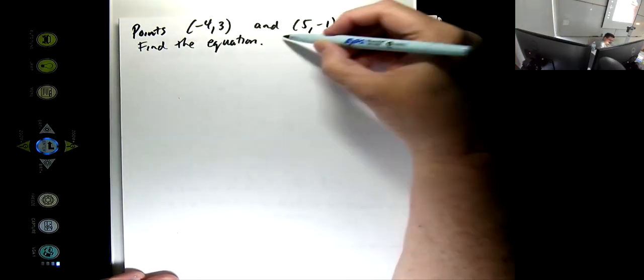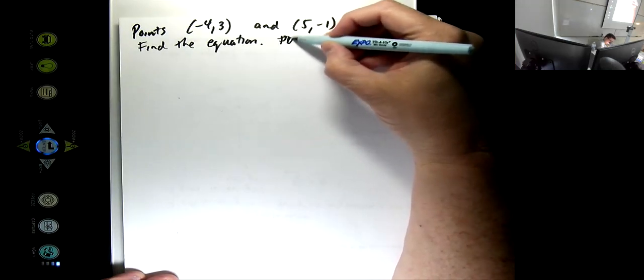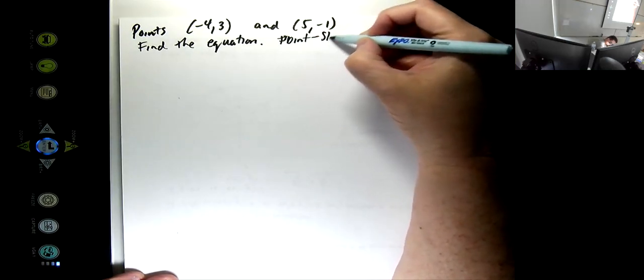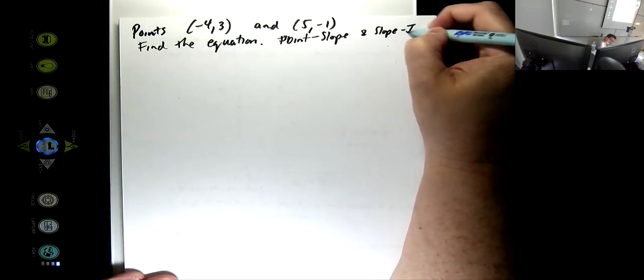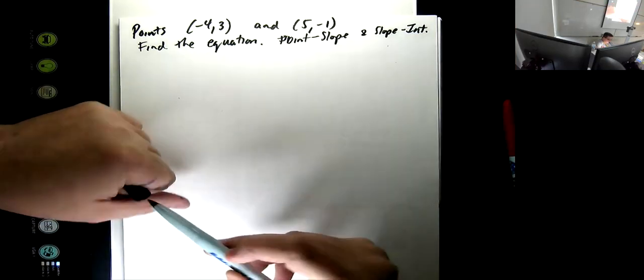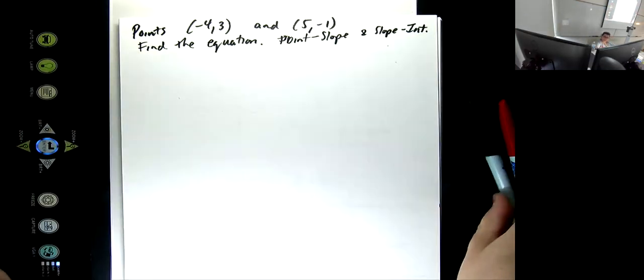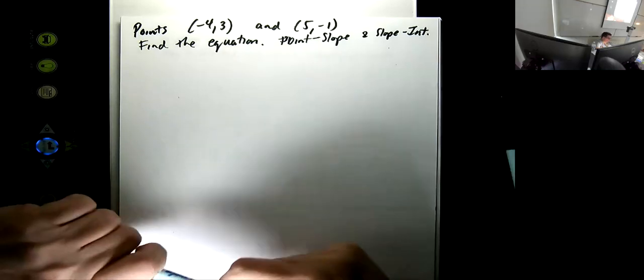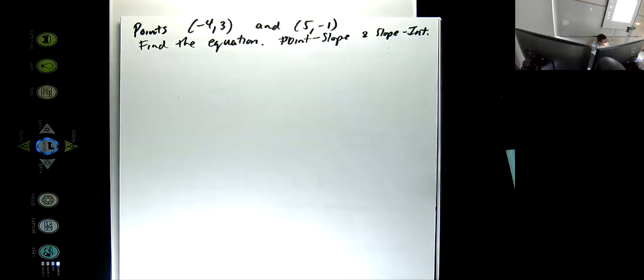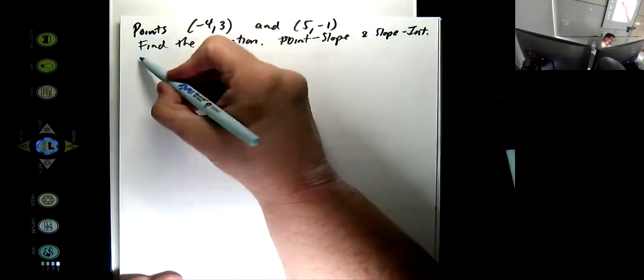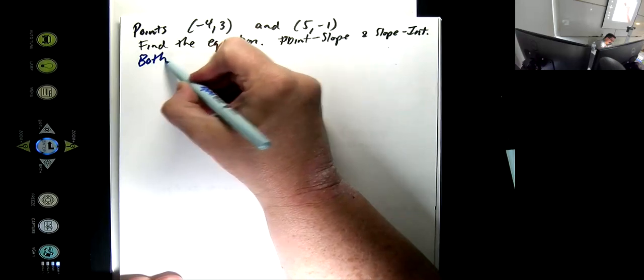We'll do point slope form and slope intercept. Both forms require a point and m.